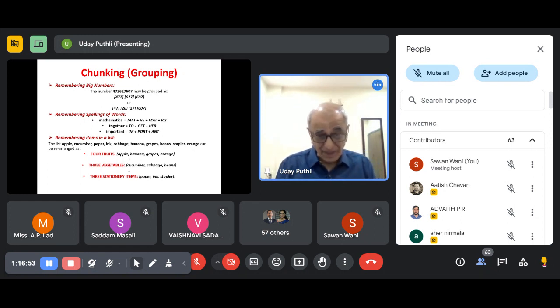Secondly, I will go one step ahead. I may not be able to demonstrate it from this particular example. Try to see if you can make a word out of this. ABGO. Can you make a word by using an anagram and reorganizing these letters? Okay, paper, ink, and stapler.